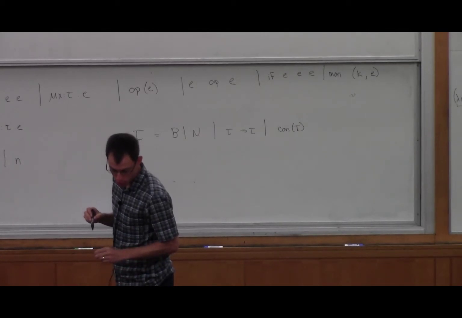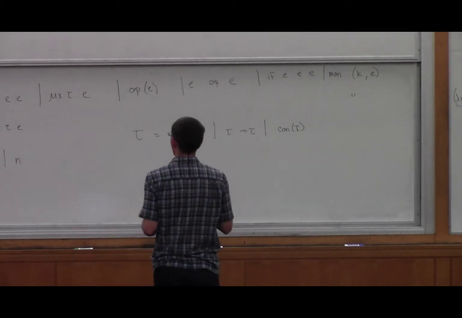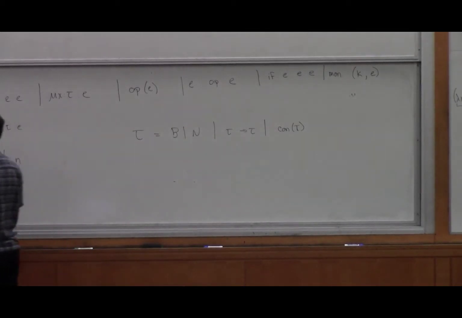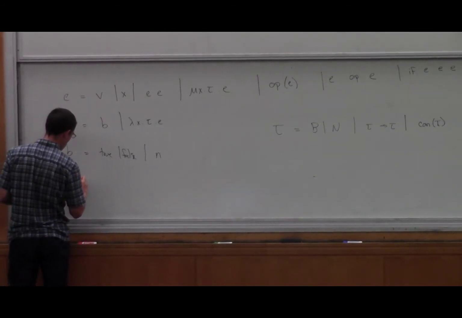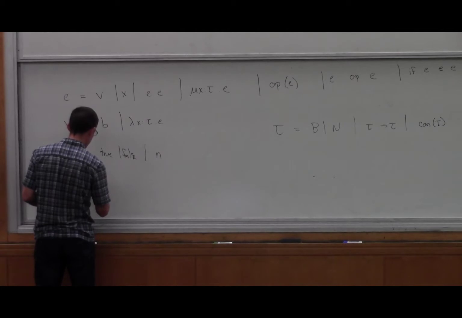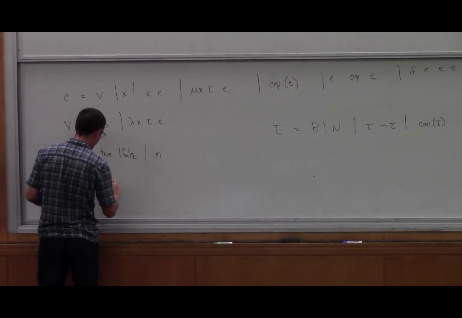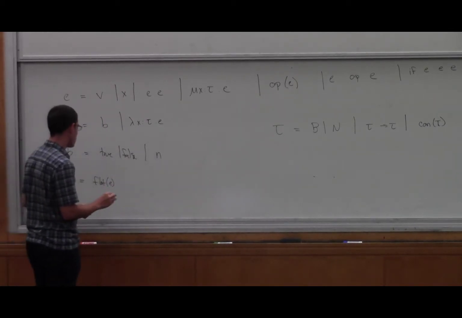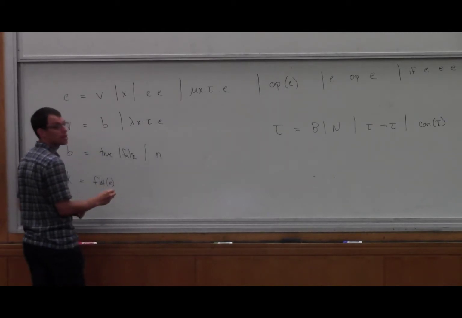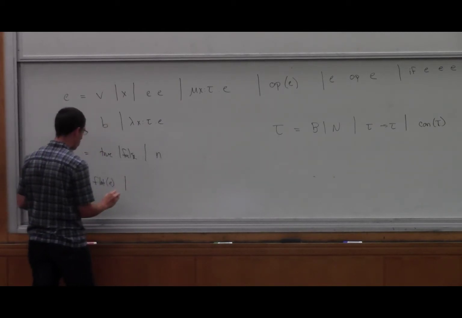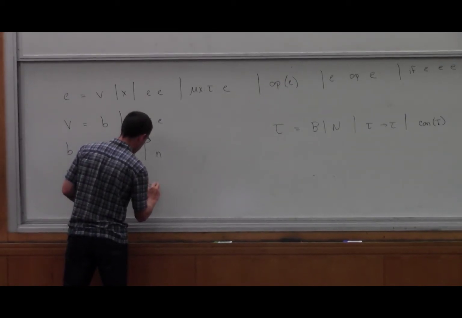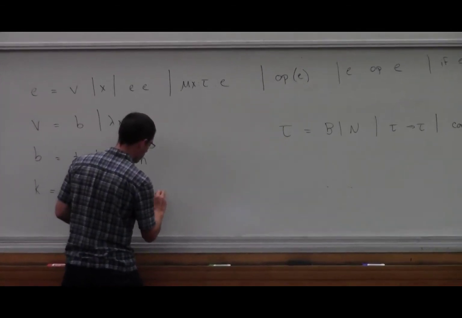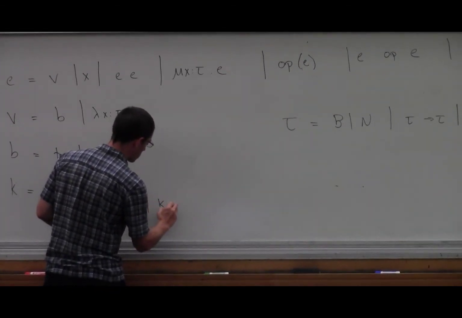We're going to add a grammar for contracts, which are called flat contracts, which just have a term that's going to be a predicate, or we're going to have function contracts, or we're going to have dependent function contracts.